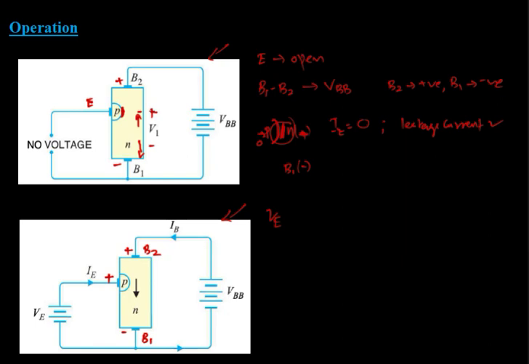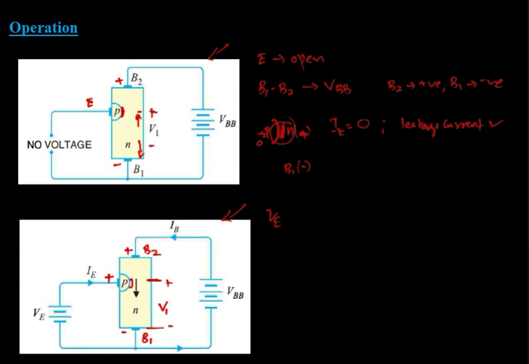If a positive voltage is applied at the emitter, the PN junction will remain reverse biased so long as the input voltage is less than V1. The voltage which appears across this emitter terminal and B1, we are denoting it as V1. It is plus and minus.